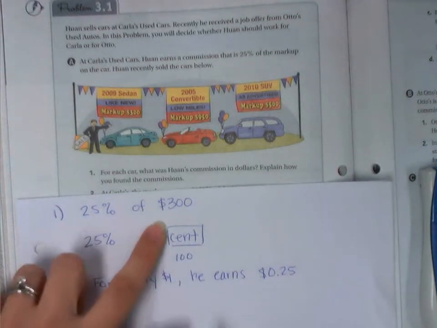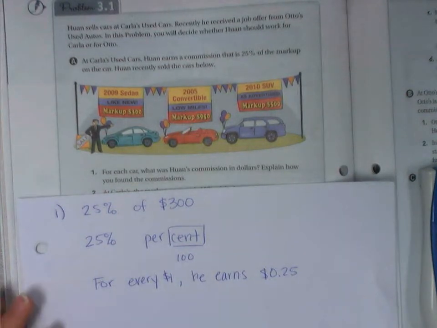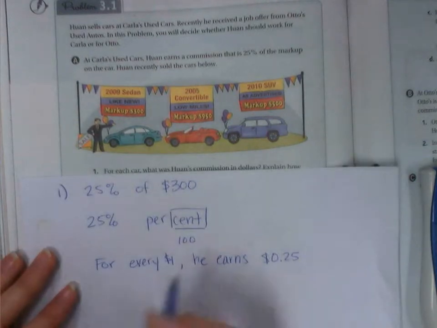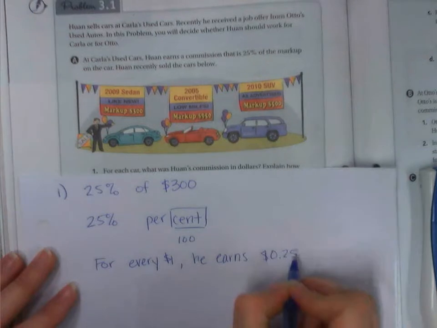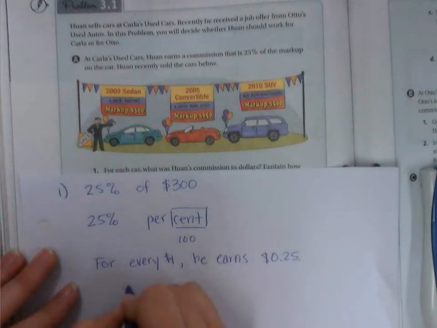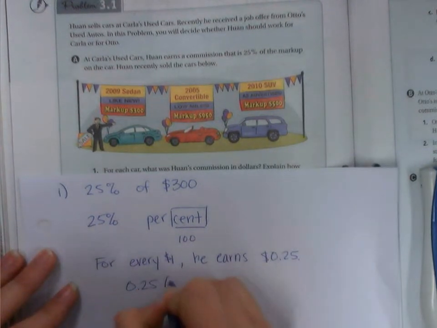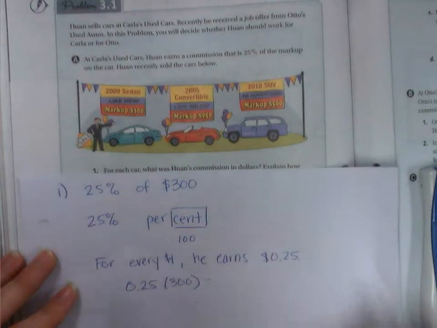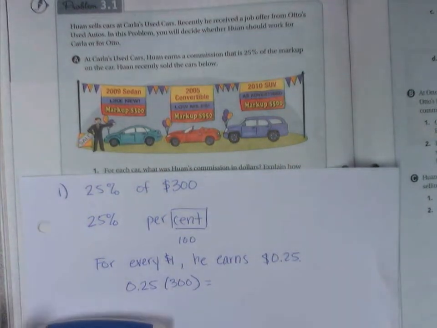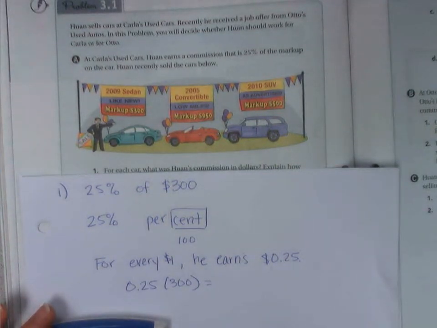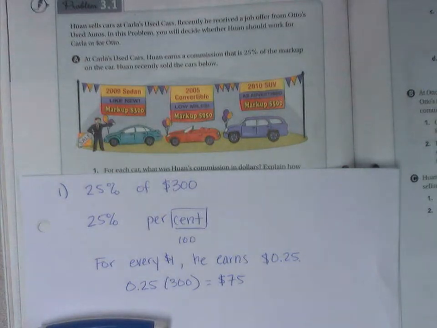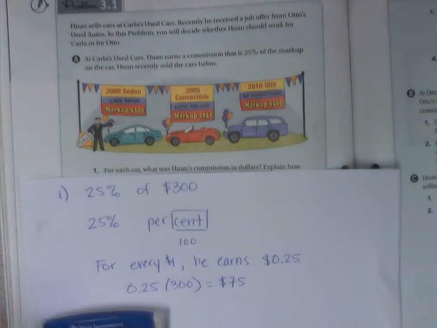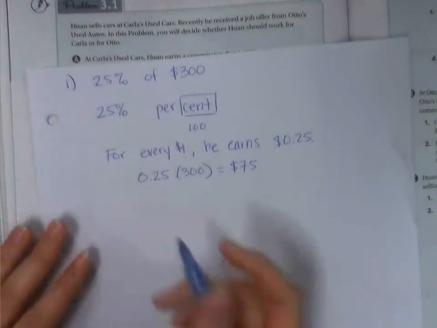Well, he's going to earn $300, so that's 300 quarters. To figure out how much that is, we need to multiply 300 times a quarter because he gets it 300 times. So 25 cents multiplied by 300, or 0.25 times 300, is $75.